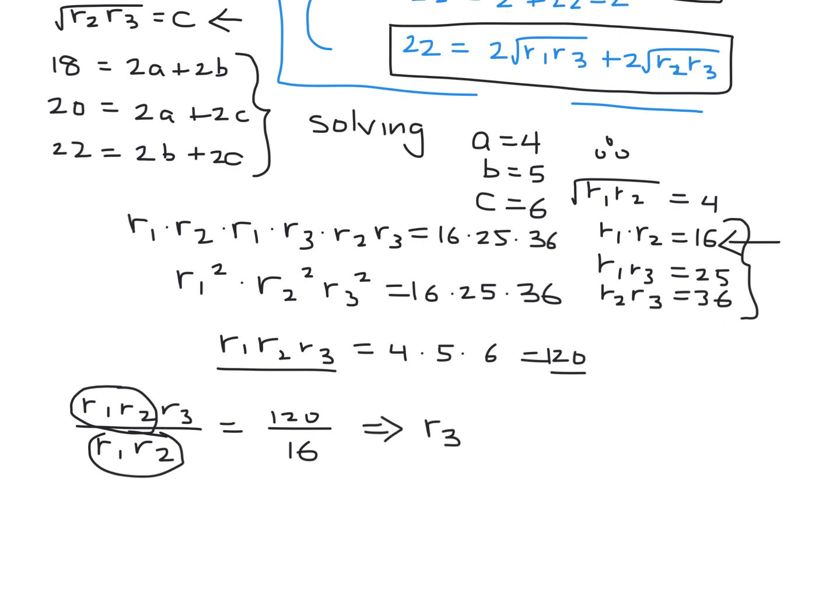So you end up with r3 is equal to 120 over 16. And whatever that is, I think it's 15 over 2. Divide 120 by 8, right? So 60 by 4. Yeah, it's 15 over 2. And in a very similar way, you can get the values for r2 and r1. I'll let you do that. So r2, I believe, ends up being 24 over 5, and r1 ends up being 10 over 3. And there you go. Those are the radii of those circles.